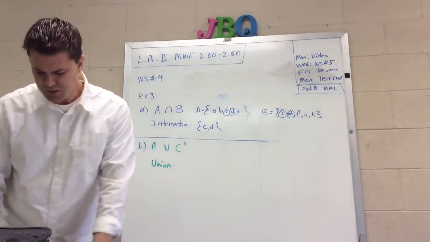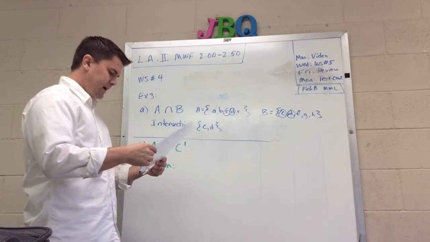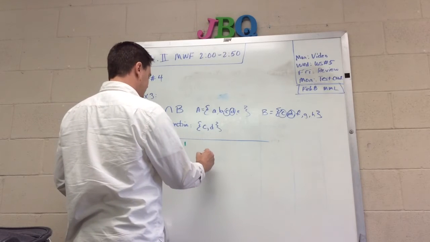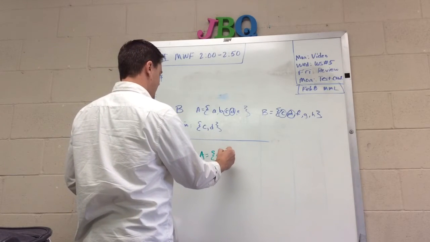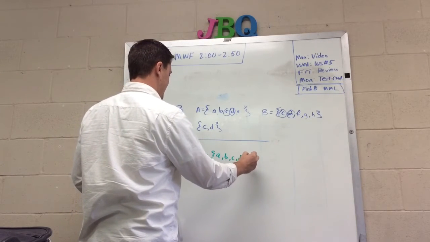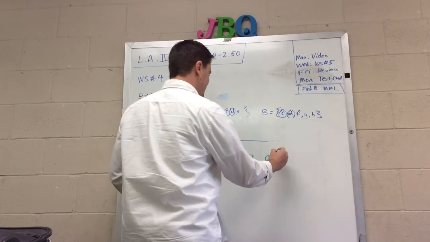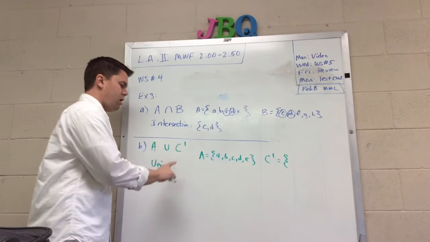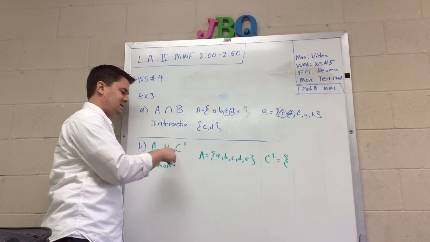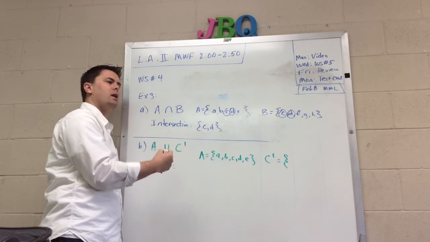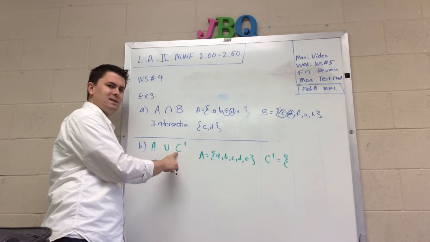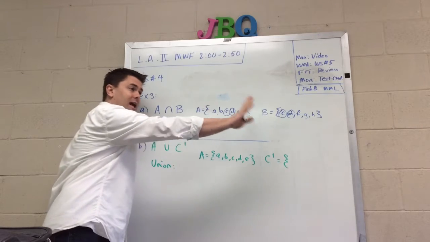So, using the first strategy, example B, we've got, again, set A is A, B, C, D, and E. Set C complement, now keep in mind, C complement is actually all of the elements not in set C. It's all the elements in the universal set that do not occur in set C. It's basically everything else.